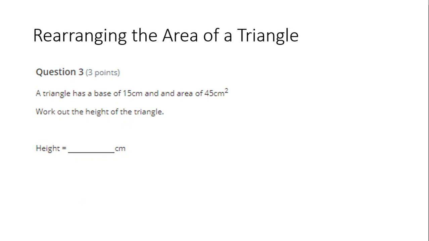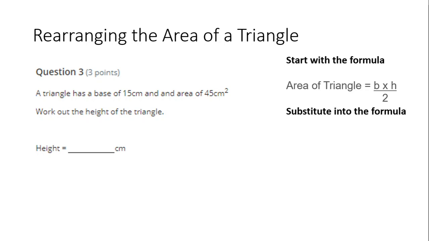Question 3, the area of the triangle is 45 centimeters squared, and the base is 15. If you're given the area of a triangle, you must start with that formula. The formula for the area of a triangle, base times height divided by 2, needs to be equal to the 45. That's what we were told in the beginning.